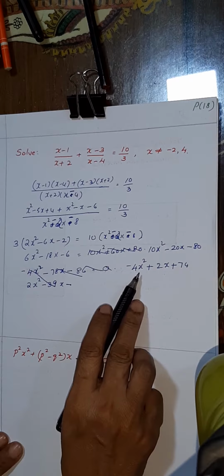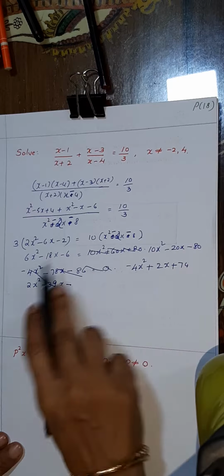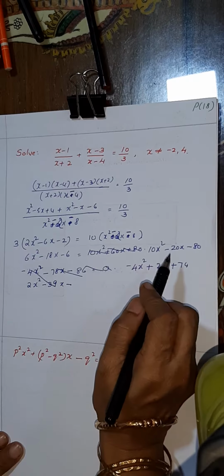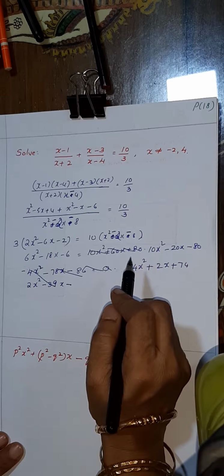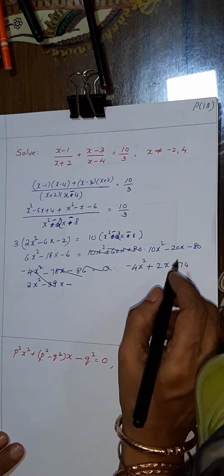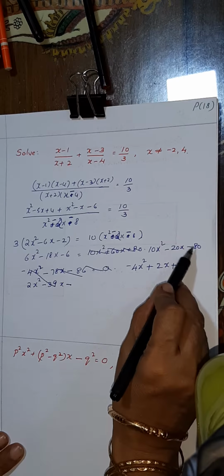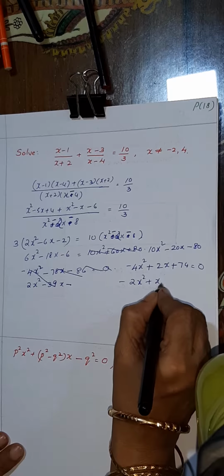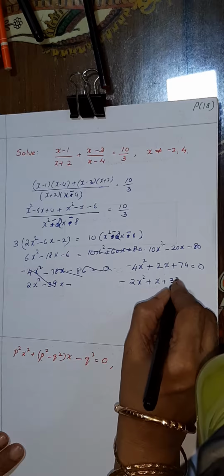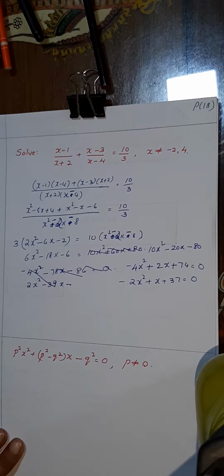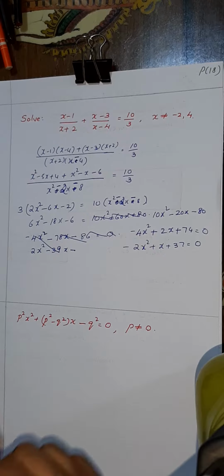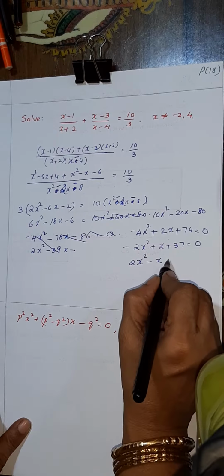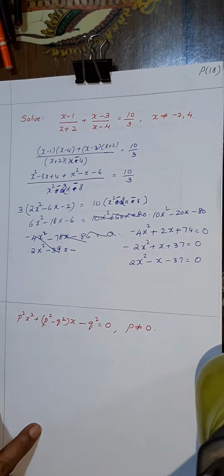So we get minus 4x squared, then minus 18x, plus 74 equal to 0. So minus 2x squared plus x plus 37 equal to 0. So this becomes 2x squared minus x minus 37 equal to 0.